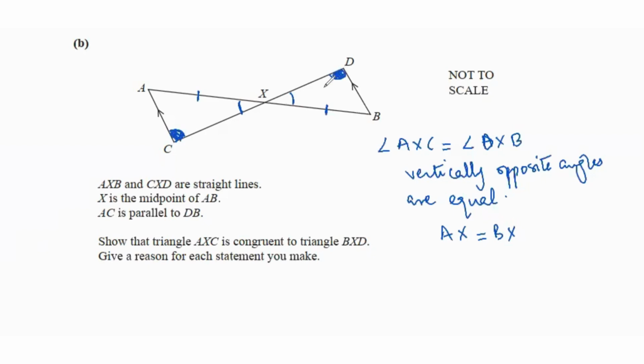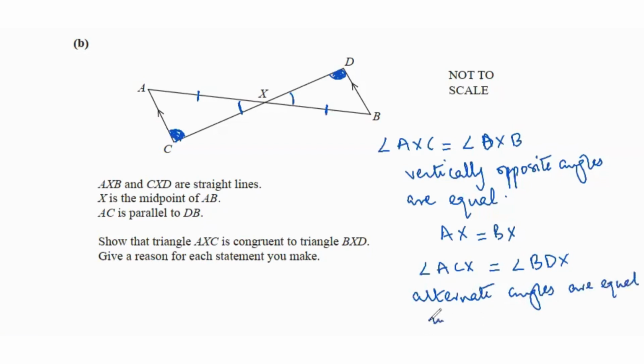Why? Because alternate angles are equal in parallel lines. So angle ACX is equal to angle BDX. Alternate angles are equal in parallel lines.